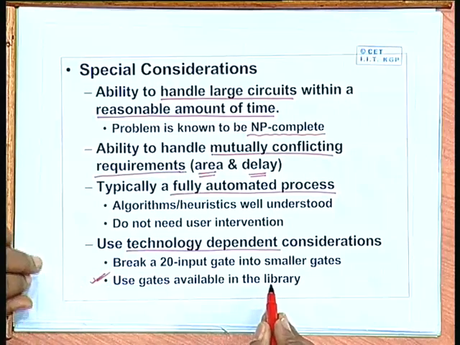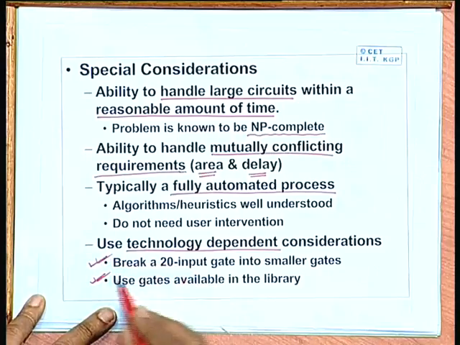Maybe you are using an exclusive NOR gate which is not in the library, but ultimately you will have to break up that exclusive NOR gate into a netlist of NAND gates. That will really not help your cause. Maybe your delay will go up. So, it is better if you know what gates are available in the library and you carry out the design based on that.